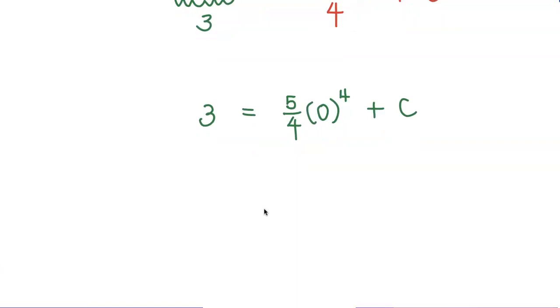Now look, what's the only letter that we have over here? c. This entire thing is 0, isn't it? So we get 3 equals 0 plus c, which means c is equal to just 3.